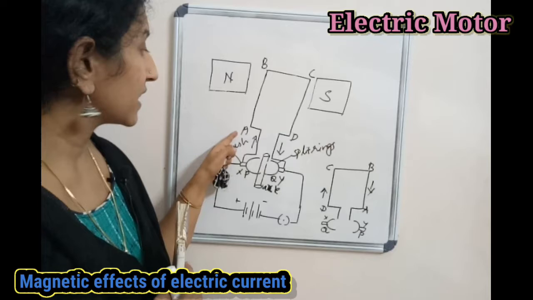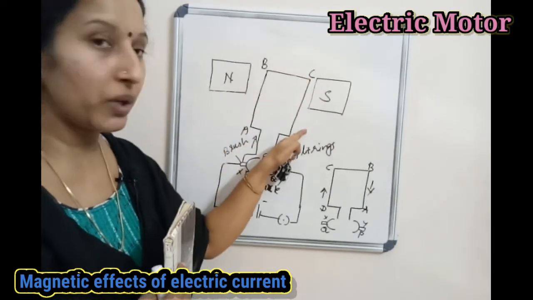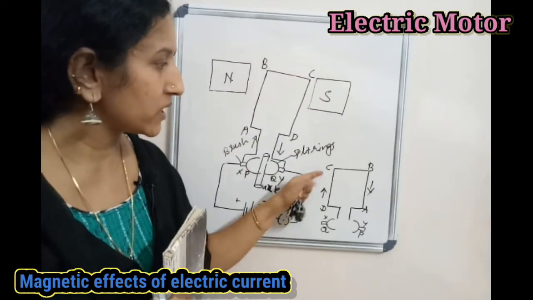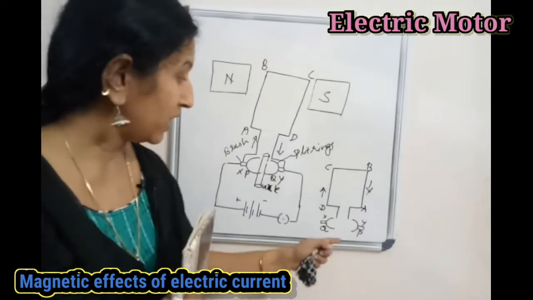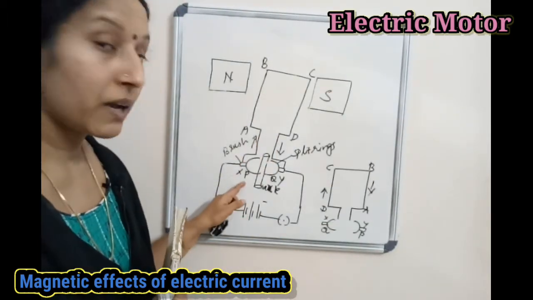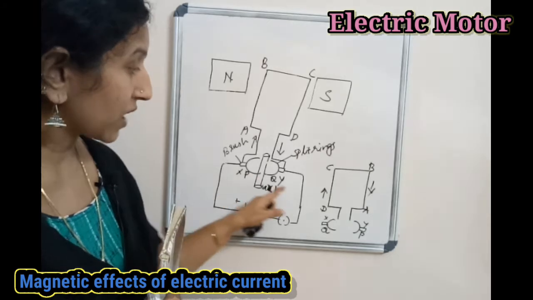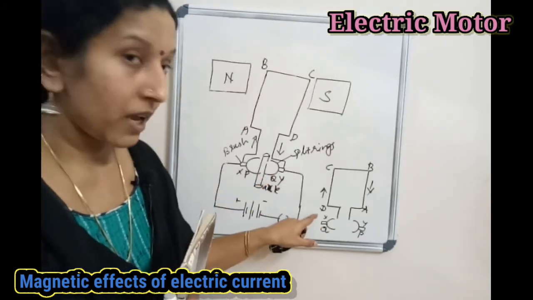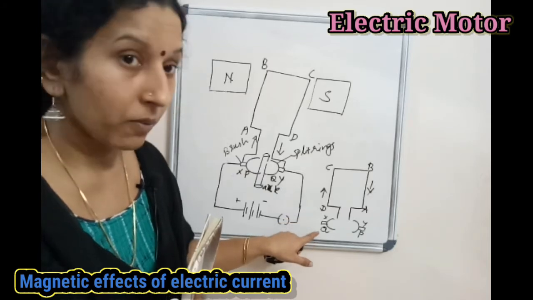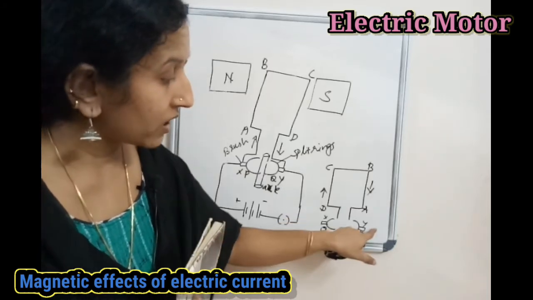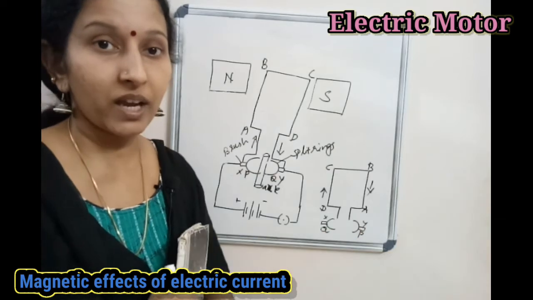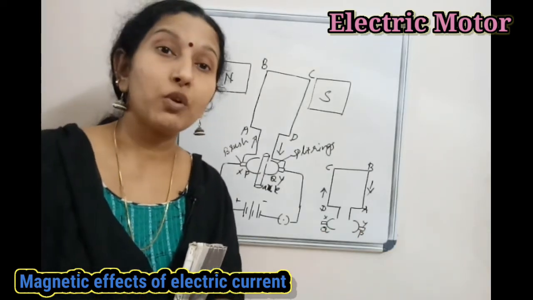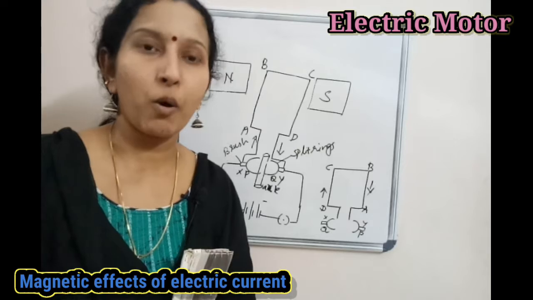So earlier it was A to B and C to D. Now it is changed, D to C and B to A, which means in the previous case, P was in contact with the brush X and Y in contact with the brush Q. Now the brush X is in contact with the half Q and Y is in contact with P. Why? Because one rotation is over now.